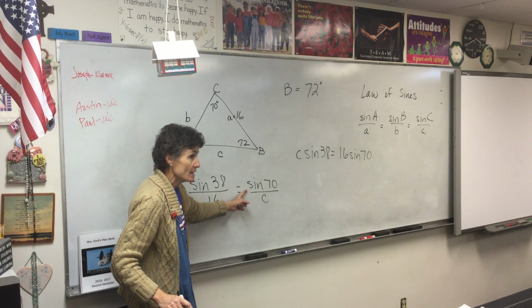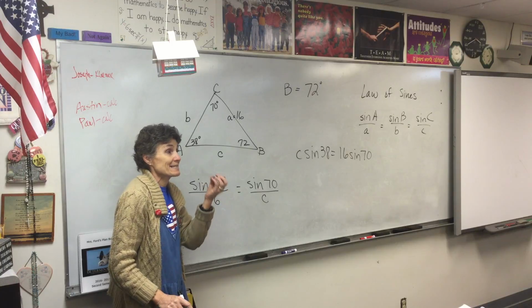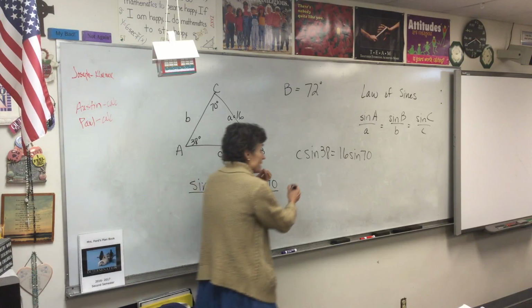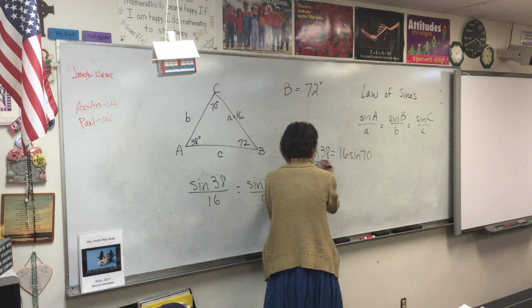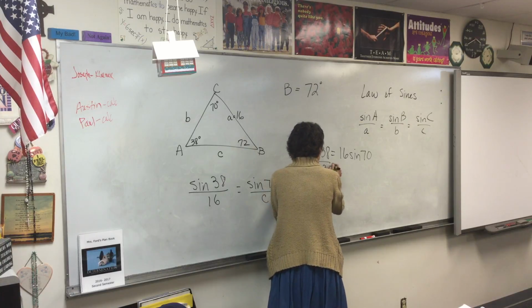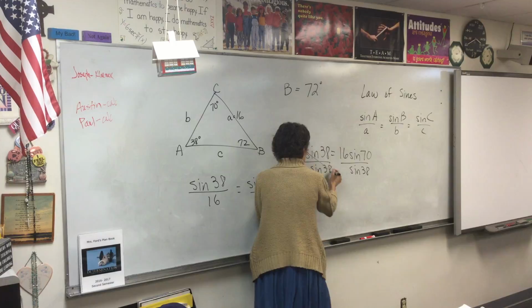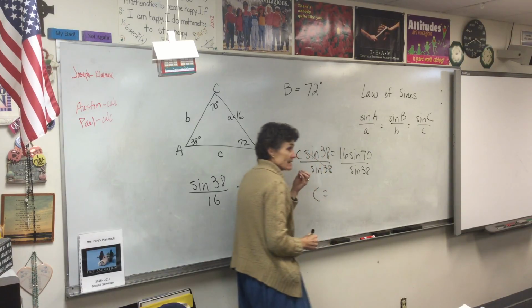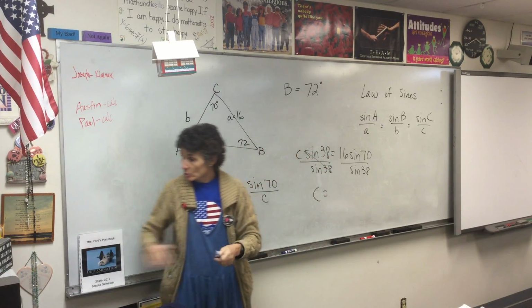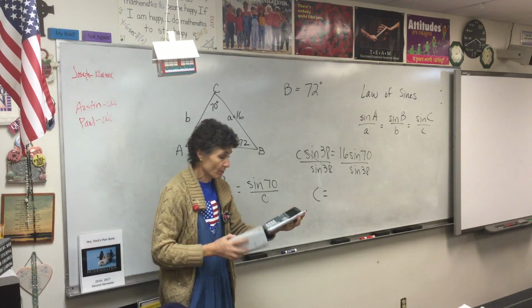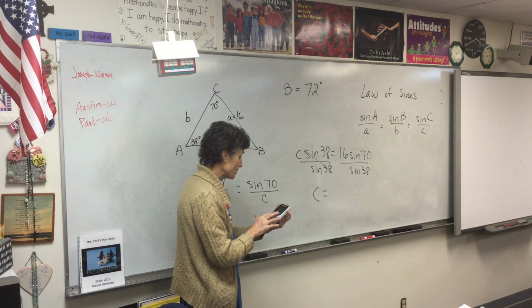C sine 38 equals 16 sine 70. Is that okay? Yeah. Now, you're trying to get C. So what do I need to do to get C? Divide by sine 38. So C equals that. So I'm going to type that in my calculator. Make sure you're set in degrees.